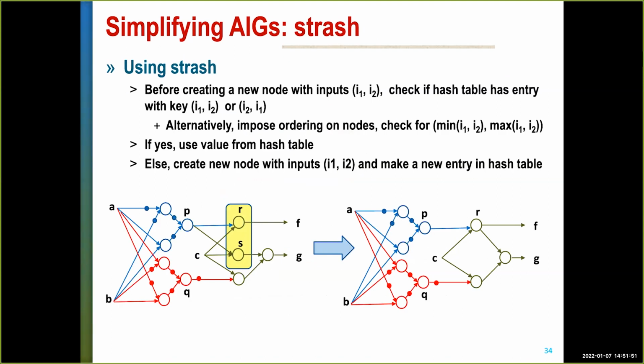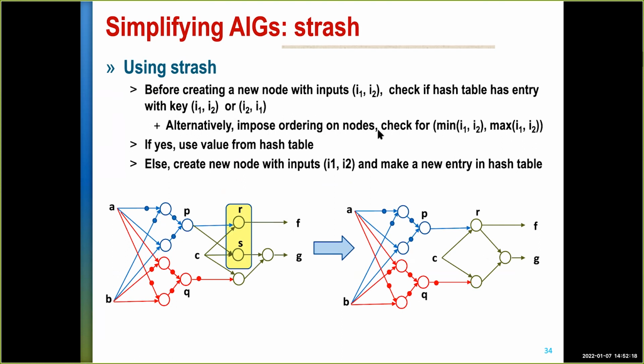Now, structural hashing can be particularly useful, because this thing can propagate. Once you have merged two nodes, two other nodes which earlier could not be merged can be merged, and so on, right? So there is this command in the AIG tool that we're going to be using called strash, which means structural hash. What it does is, before it creates any new node, it checks whether the hash table has either this or this.